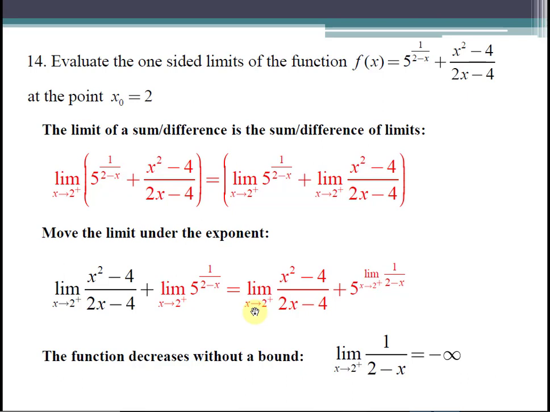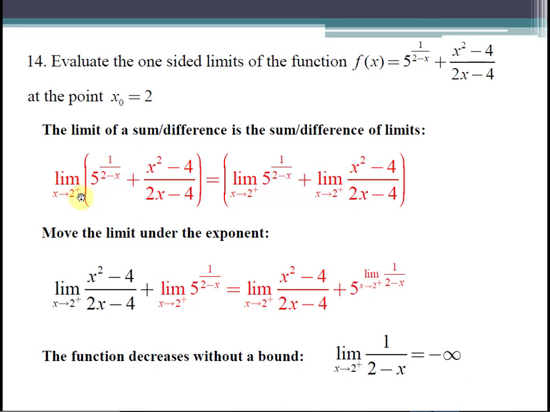Okay, now evaluate the one-sided limits of the function f of x at the point x0 is 2. So here, firstly, let's evaluate the right side limit, 2 plus. We also considered in previous topics one example of finding one-sided limits in practice number 5.